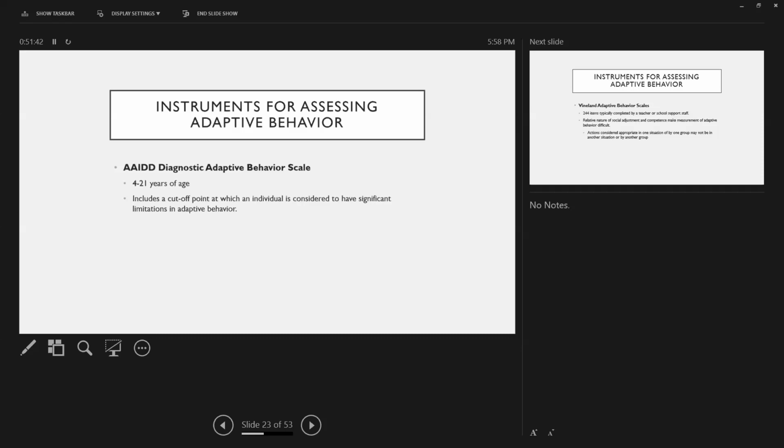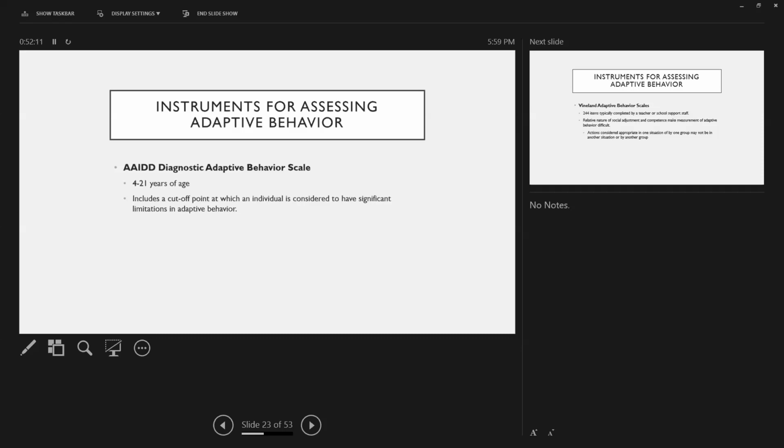Different question. So these cutoff points shouldn't be so strict that they miss a lot of people who actually do have significant limitations in adaptive behavior. We don't want a cutoff point that only catches the top 2% of individuals who are most significantly limited in their adaptive behavior.